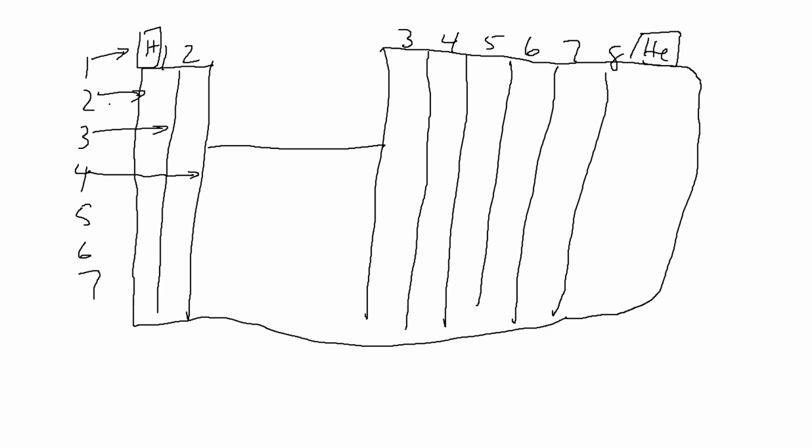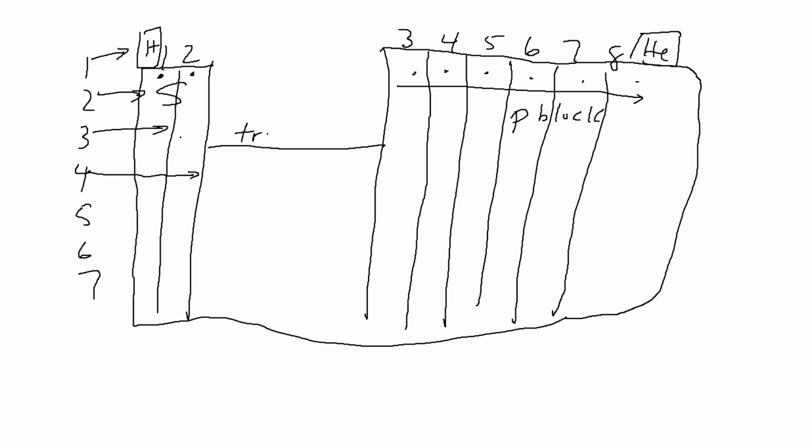Now, group 1 and 2 on the periodic table is your S block, and they can hold 2 electrons. Groups 3 through 8 is your P block, and it can hold 6.